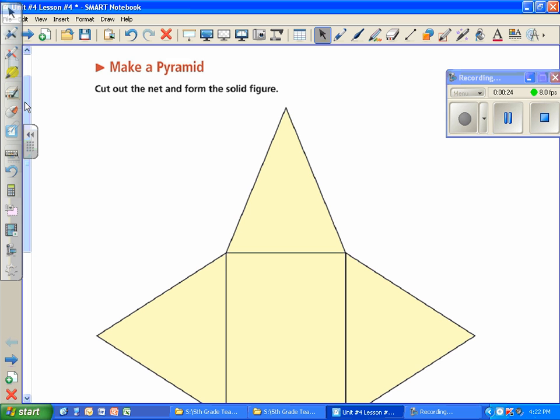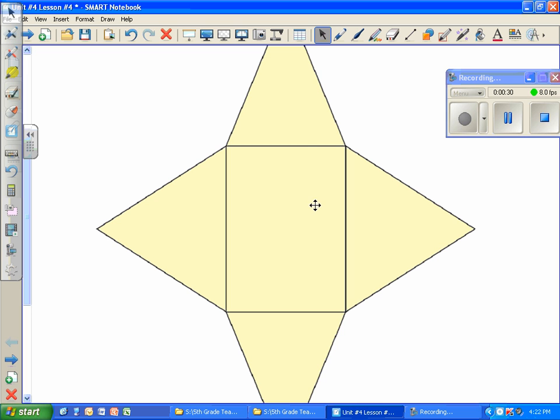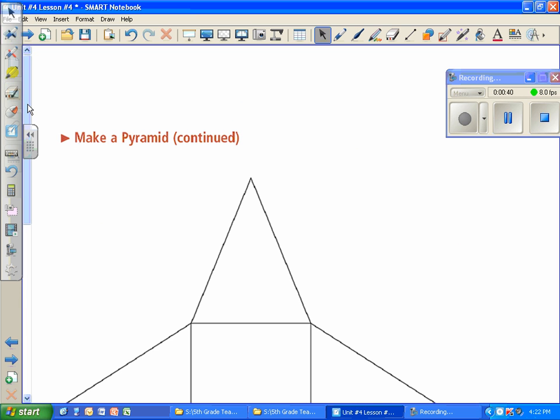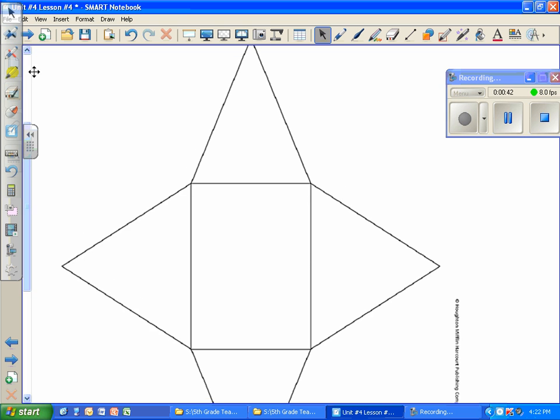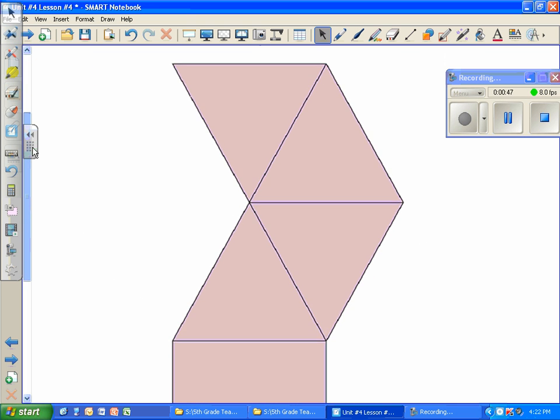So as you look at this net, you'll see the four faces. And the base is a rectangle, so the name of this pyramid would be a rectangular pyramid. Just the same net, but then if you look, this would be a net as well.